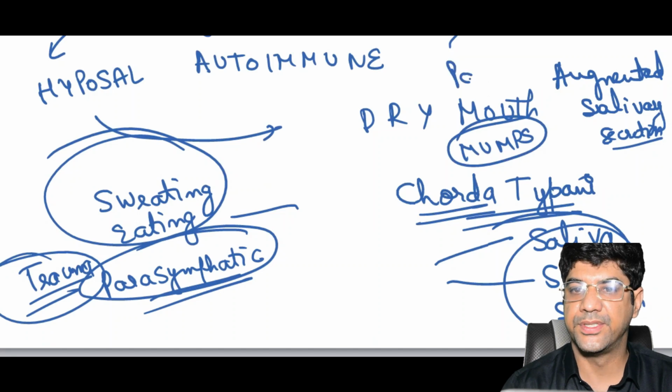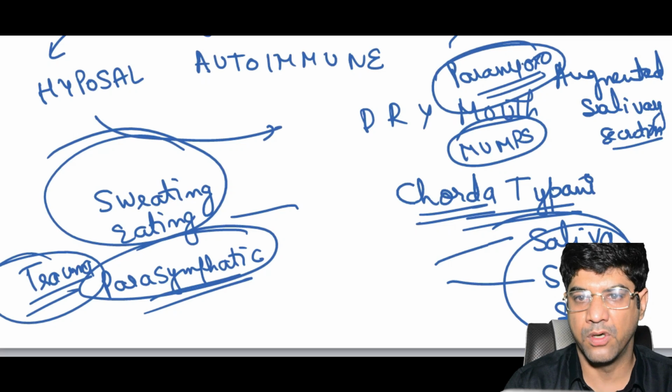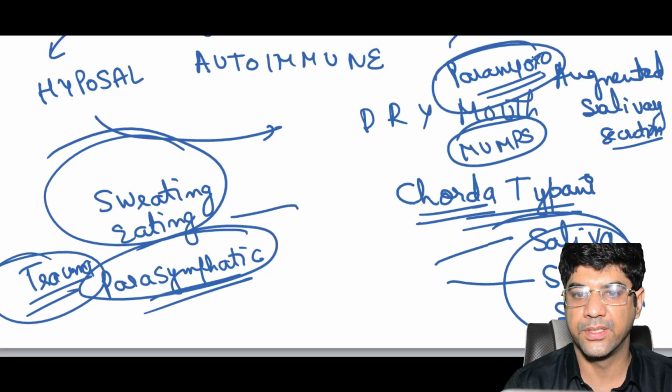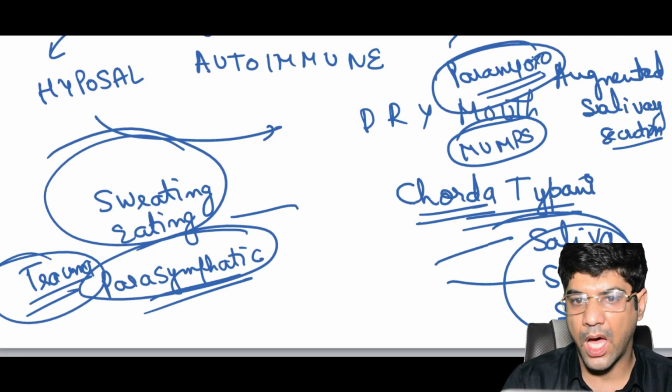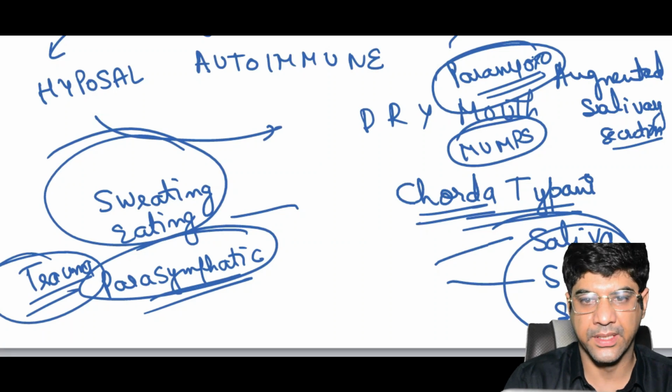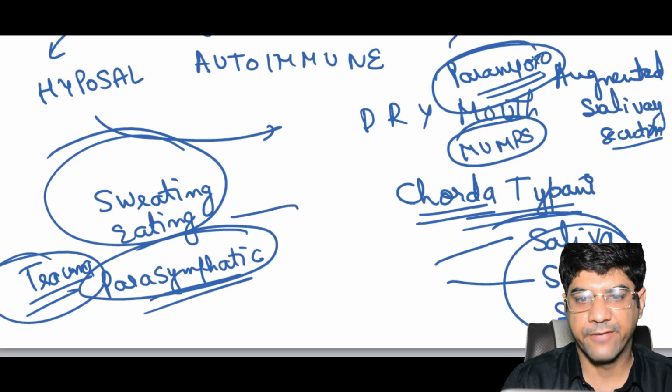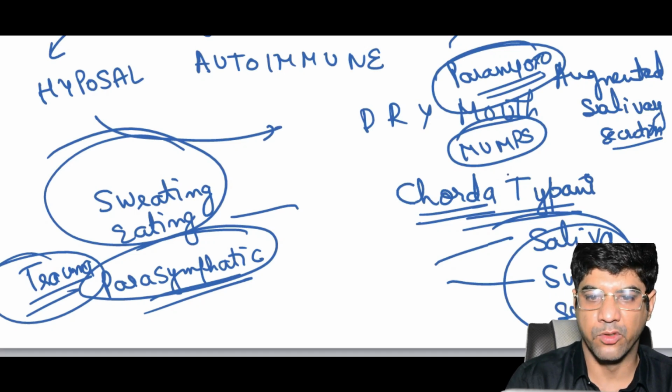Another is mumps. Mumps is a viral infection caused by paramyxovirus in the parotid gland, seen in children who are unvaccinated, and it can occur in adults also. So which virus causes mumps? It's the paramyxovirus.